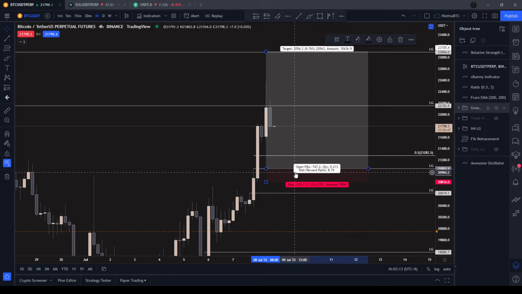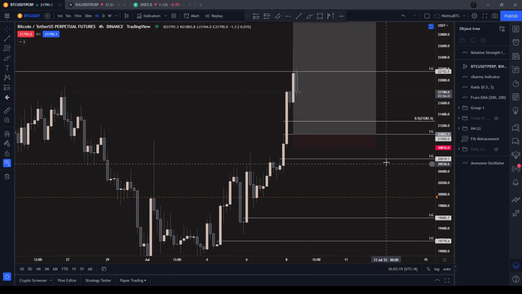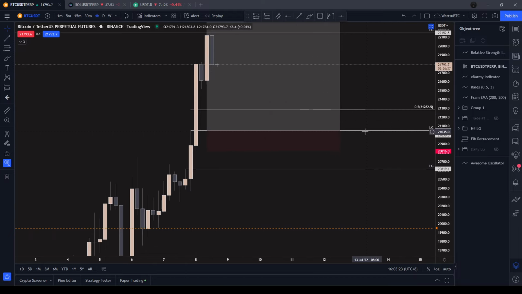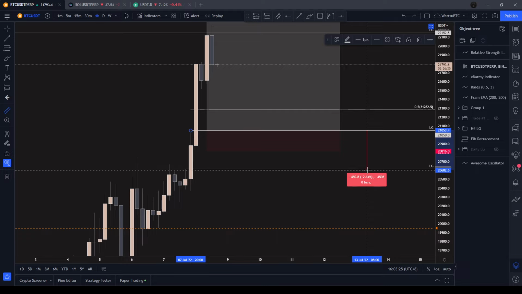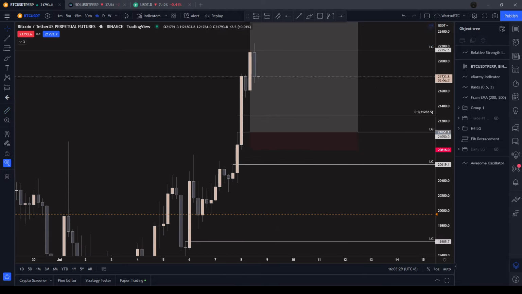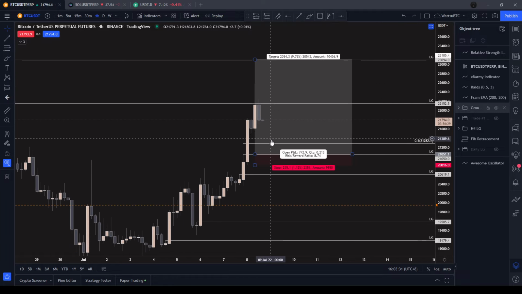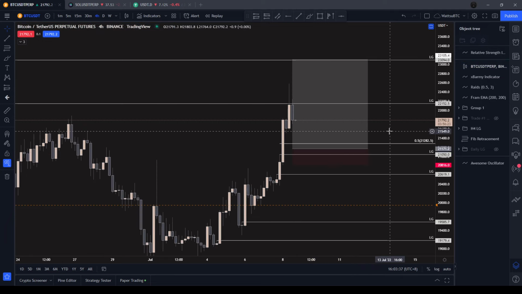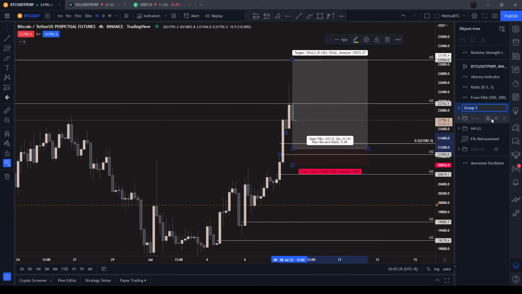Closing below 21,050 would mean that the flow is confirmed on the downside, and you would expect price to at least touch 20,600 again. So that's not really far, with just a 2% move. This is the plan for trade number 1.